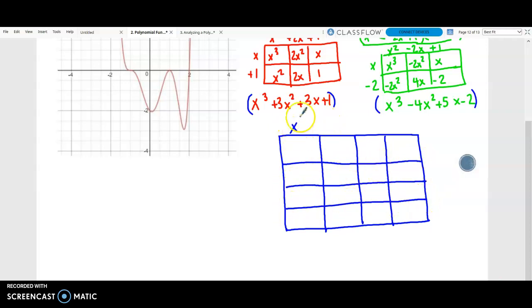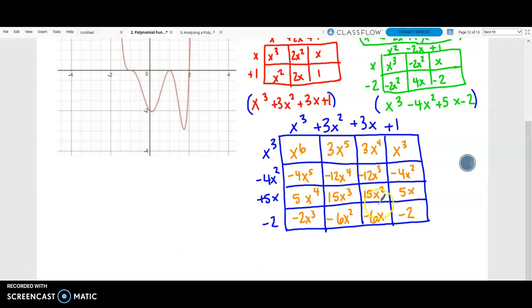So I'm going to multiply x cubed plus 3x squared plus 3x plus 1 and x cubed minus 4x squared plus 5x minus 2. So I'm going to pause the video, do that, and then simplify. Here's what the finished box looks like. Now you just combine like terms. So x to the 6th is the only x to the 6th.